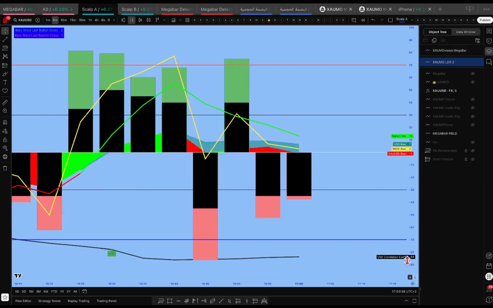Here's the correlation coefficient. It's negative, so gold is inversely related to the US dollar. And this is the signal line. The US dollar bias is 2, the gold bias is -4, so the dollar is doing better than gold. That's something you can check.